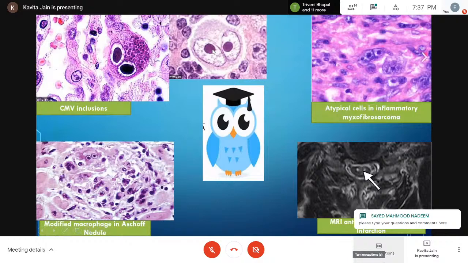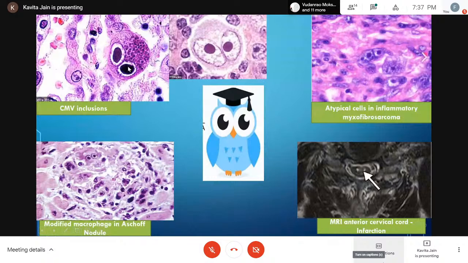In a CMV inclusion, the inclusions are basophilic, at least half the diameter of the nucleus, and have a very good, clear-cut peri-inclusion clearing. Whereas RS cells have a prominent nucleolus, mostly the size of a large lymphocyte, and we don't see any typical or prominent perinuclear clearing.